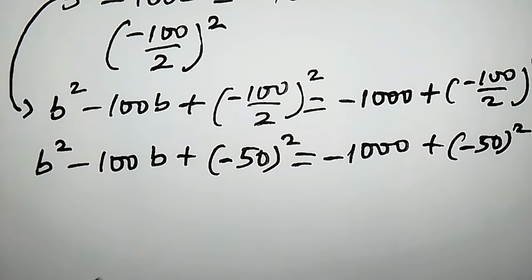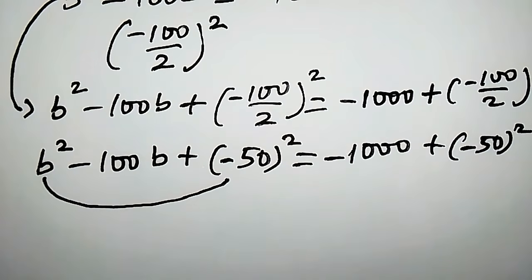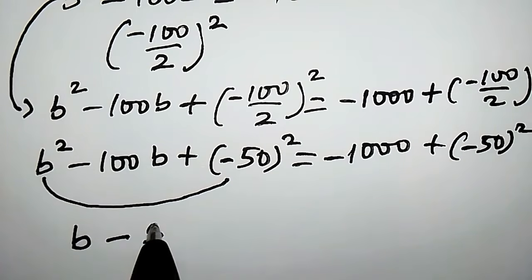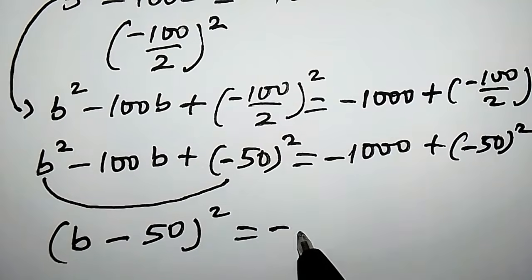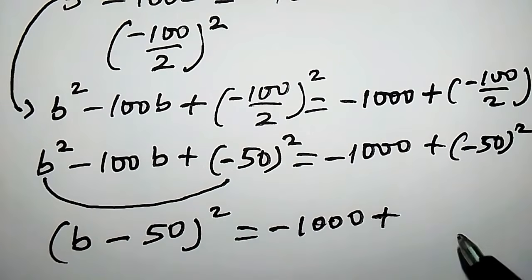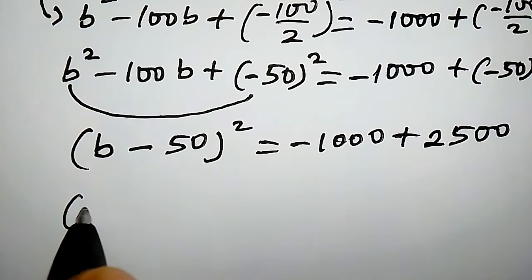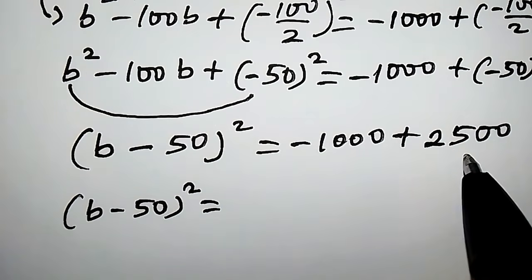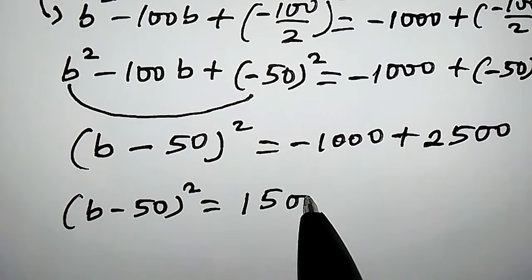Let's proceed further. It is possible to combine this left hand side. If we do so, we have B minus 50 all squared equal to minus 1000 plus minus 50 all squared, which is 2500. So we have B minus 50 all squared equal to 2500 minus 1000, that is 1500.